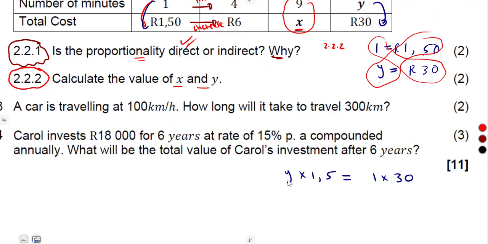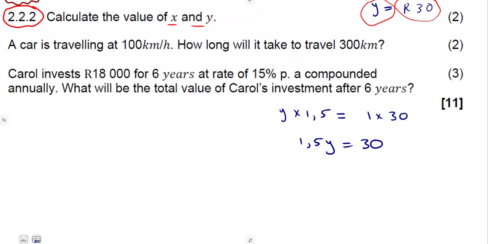Y times 1,5, that's 1,5y, which is equal to 1 times 30. That's 30. So as you can see, this is now an equation where you must solve for y.